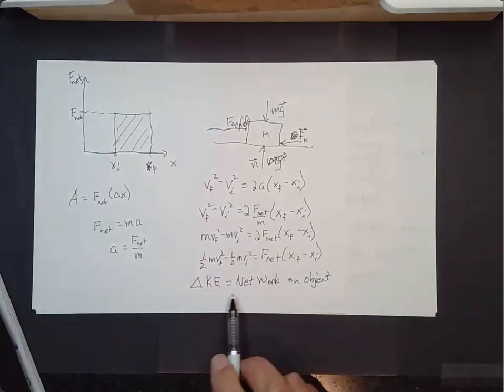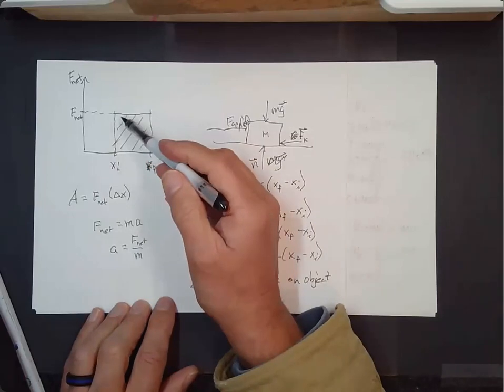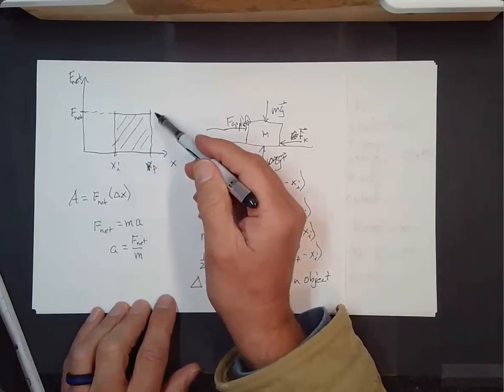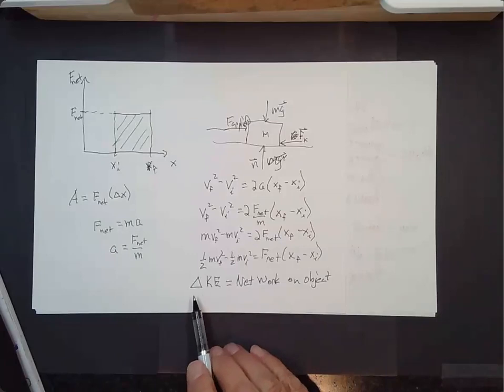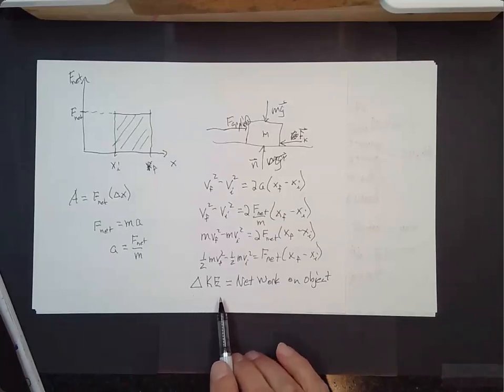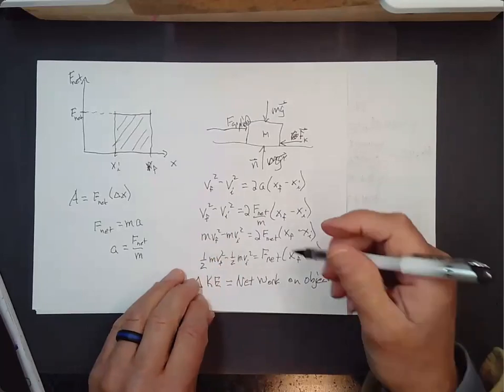Okay. This thing is called the work-kinetic energy theorem. And we happen to do it for a situation where we had a constant net force. That's the easiest one that we can come up with, but it'll apply in any situation: the change in kinetic energy of an object will equal the net work that is done on the object. So that's kind of a neat thing.